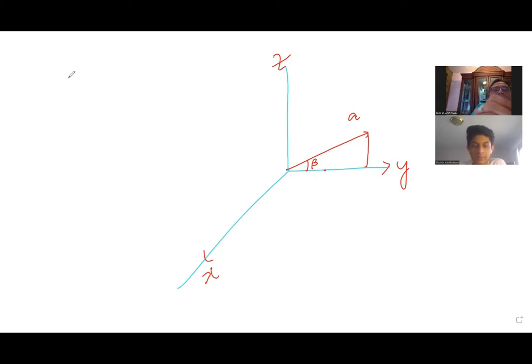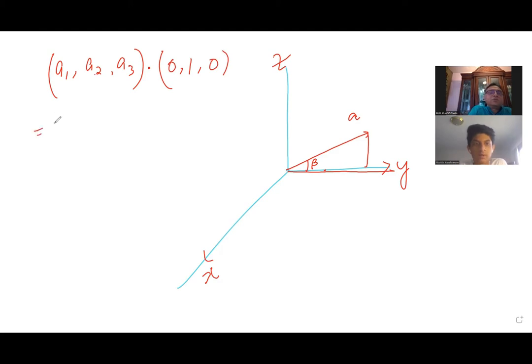Vector A can be written as A1, A2, A3, three components, giving A1 i plus A2 j plus A3 k, dotted with the y unit vector, which is 0, 1, 0. You know the dot product relates the angle between them and their magnitudes.